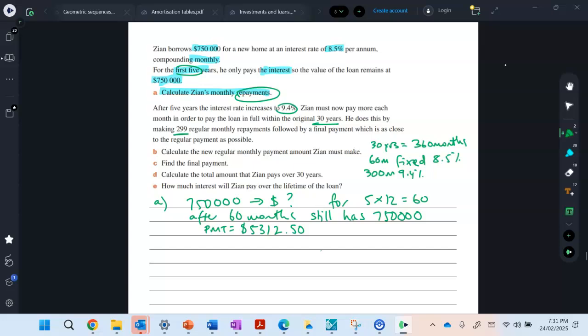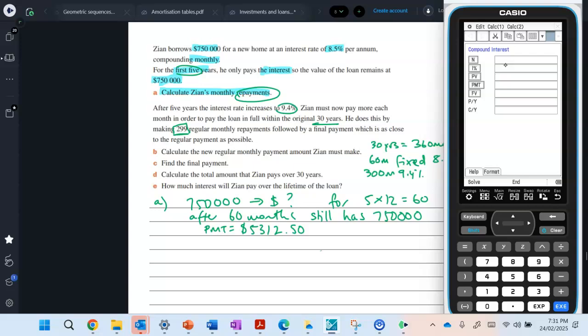All right, so for the 300 months, 299 of them are going to be exactly the same, but the final one's going to be different, and I'm going to explain why it's different. Okay, so the interest rate is 9.4. Now we are borrowing 750,000.